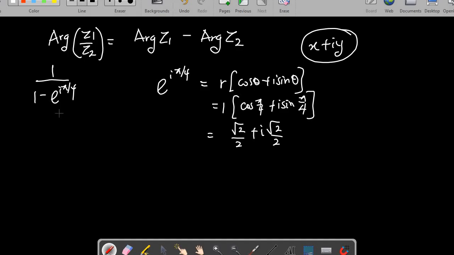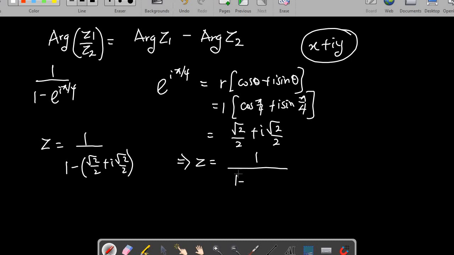If I bring this back to the expression z, we have 1 over 1 minus root 2 over 2 plus i root 2 over 2. Now this implies that my z is 1 over 1, if I open the bracket, minus root 2 over 2 minus i root 2 over 2. So this is what I now have.